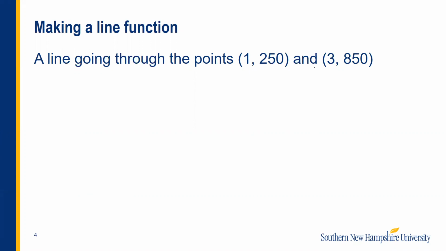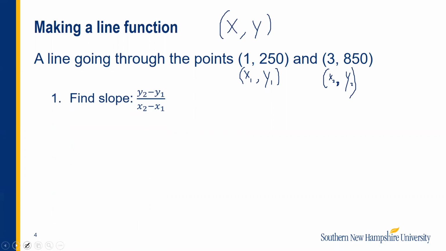And now we have 2 points that have been given. And a point is written x, comma, y. So we have x1 and y1 here. And then we have a second point for x2 and y2 over here. And this is a comma. So we have 2 different points provided, and we're going to use those to make the equation.